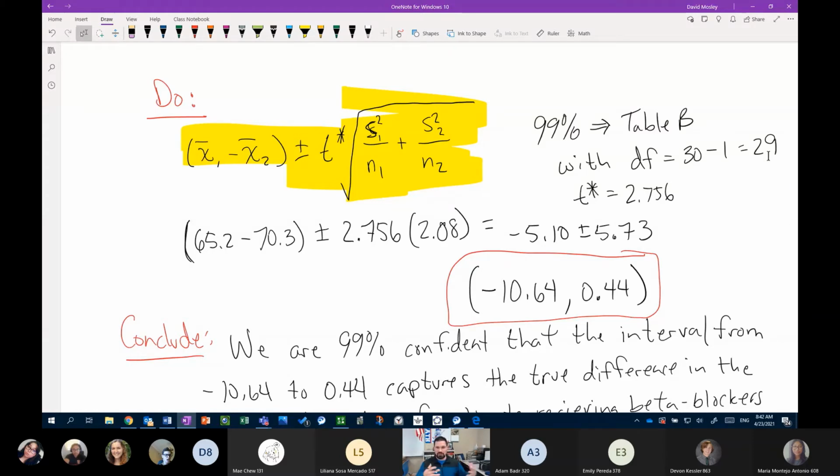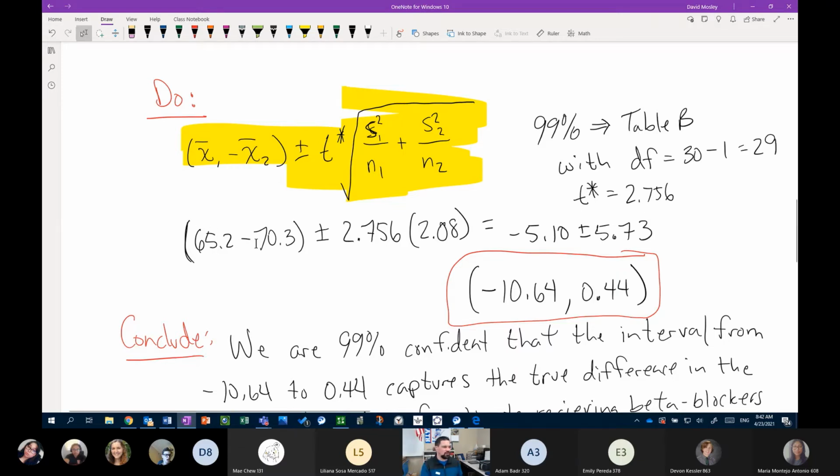Because remember, when we're comparing the 2 means and finding the difference between 2 means, we use whichever degree of freedom is smaller between the 2 sample sizes. In this case, it is the same, so we don't really have to worry about that. Using table B, that leads us to a critical value of 2.756. And so that's what we use for our critical value over here.